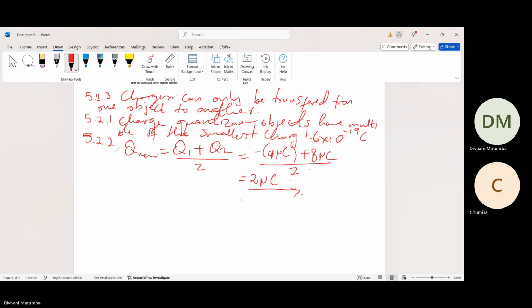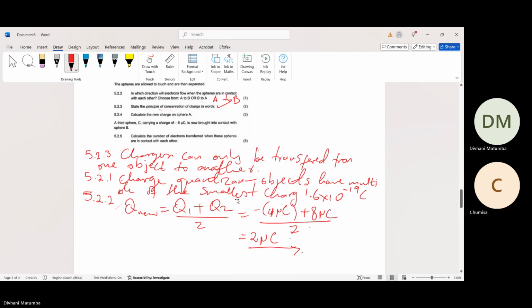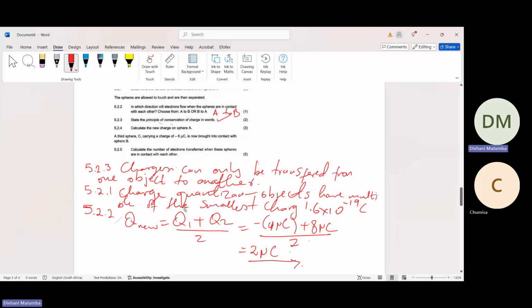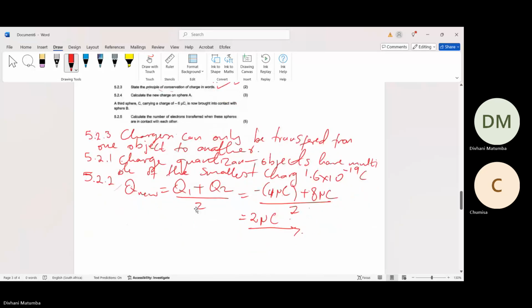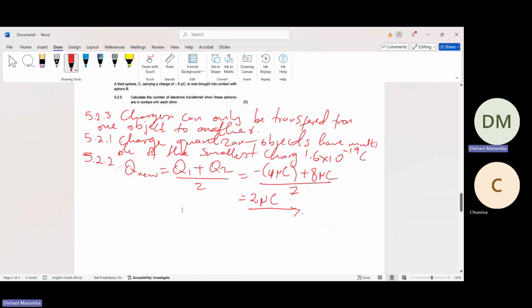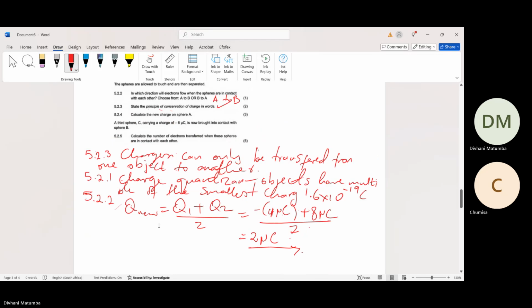What is the new charge on A? Yeah, it is 2 microcoulombs. And so what is the new charge on B? Is it 8, sir?